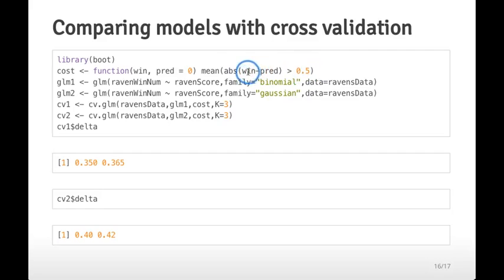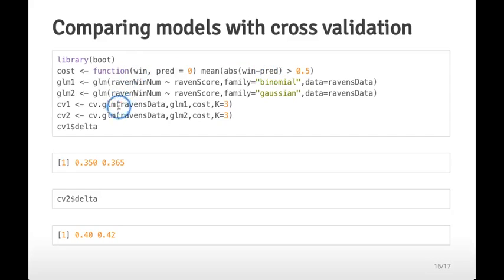So, for example, if the Ravens win, then win is equal to 1. So if my prediction is greater than 1.5 or less than 0.5, I'm going to call that an error. Alternatively, if the Ravens did not win, so the win is equal to 0, if I predict a value greater than 0.5 or less than minus 0.5, I'm going to call that an error as well.